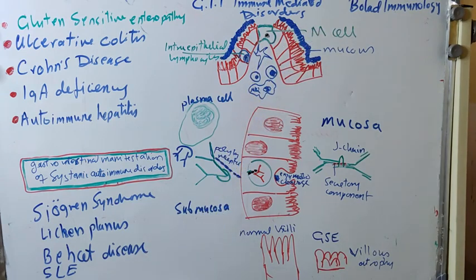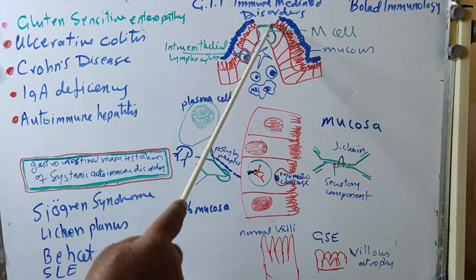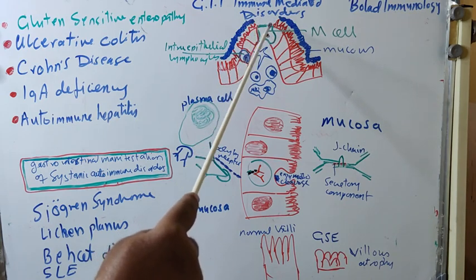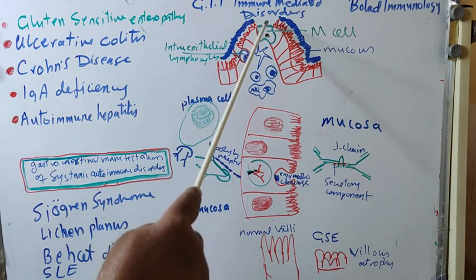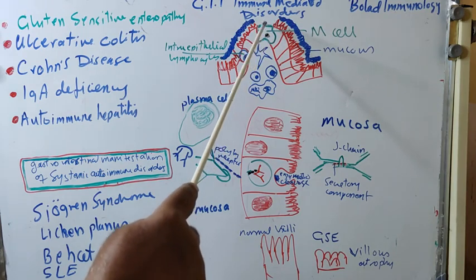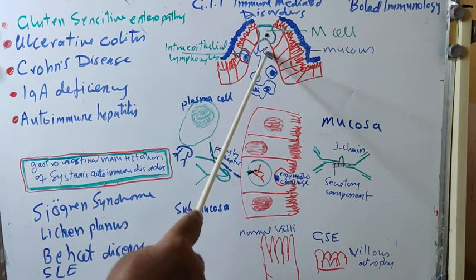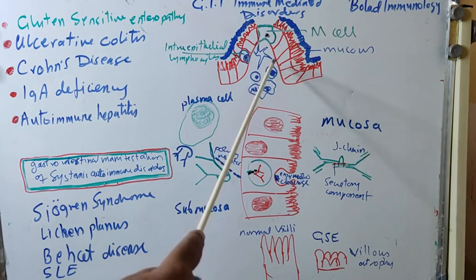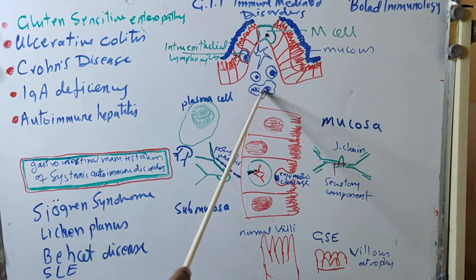So M cells endocytose non-self antigens, or challenges, or bacteria, or parasites, or viruses, and they transport these antigens to the underlying tissues, where they are taken by dendritic cells and macrophages, processed and presented to T helper cells.